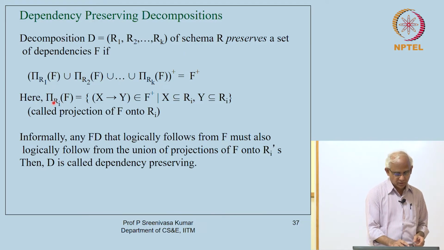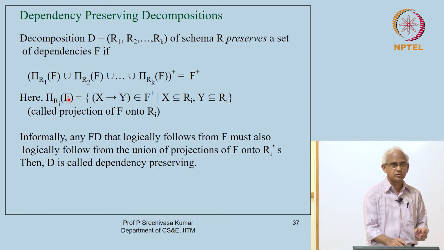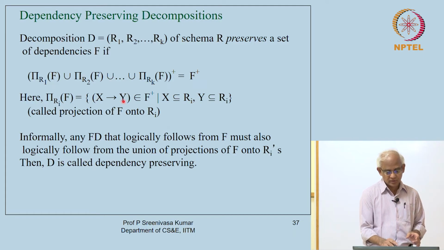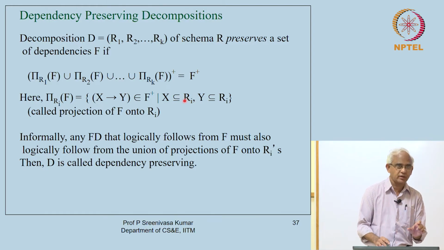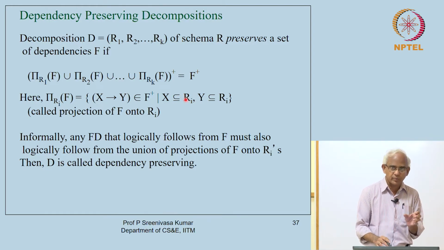So, pi Ri of F, you can call it F sub i if you want to, is the set of all those functional dependencies in F plus whose left hand side and right hand side are both part of Ri. They do not contain any other attribute other than what is there in Ri. So, they are in some sense applicable to Ri only.